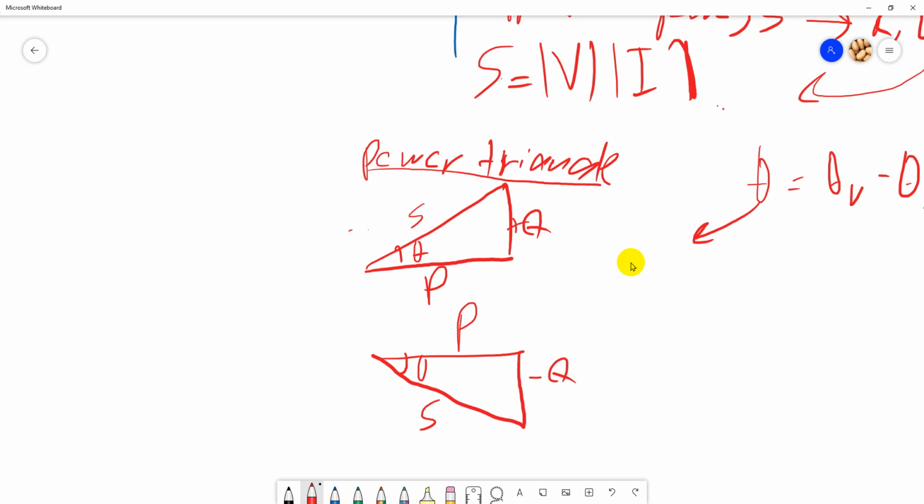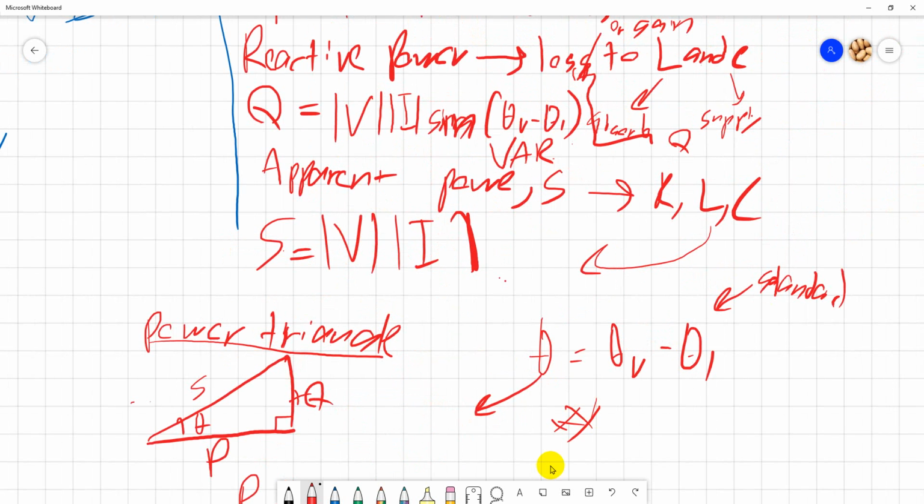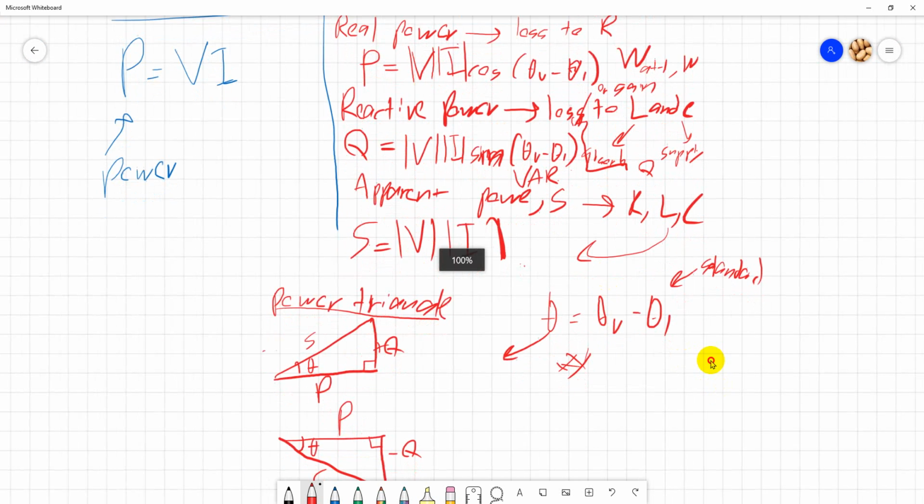So this is the theta. You need to know the formulas for P, Q, and S, and also how to draw the power triangle. This is 90 degrees. You need to know this too. That is the relationship.